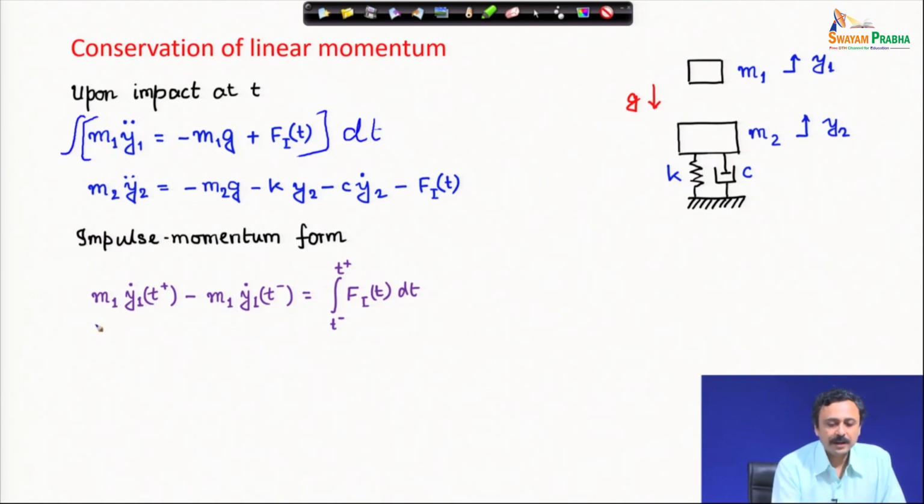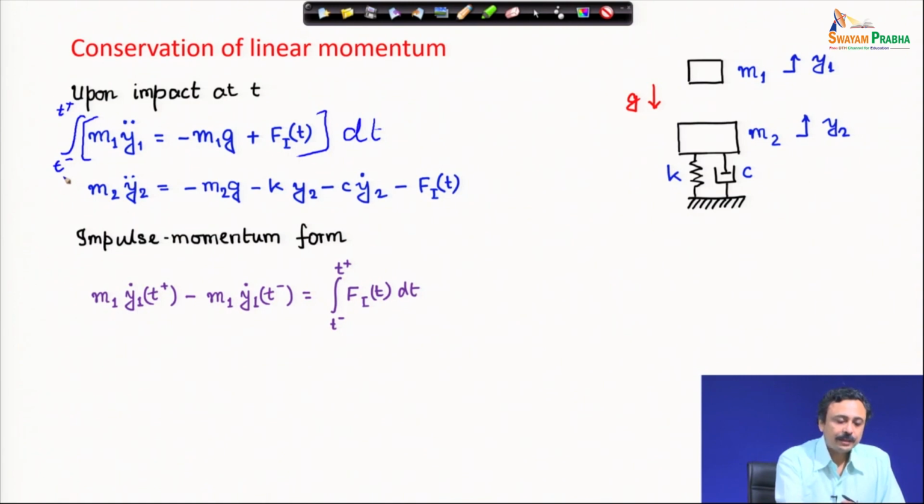The left hand side becomes m1 constant, integral of y1 double dot is y1 dot, integrated from t minus to t plus, where t is the time instant at which this impact has taken place. I am integrating because outside this time interval Fi is 0, remember.